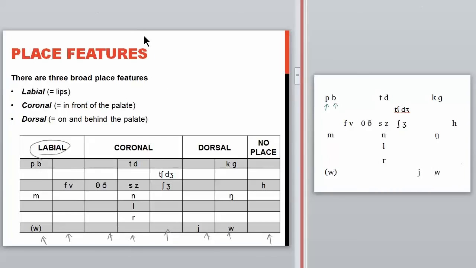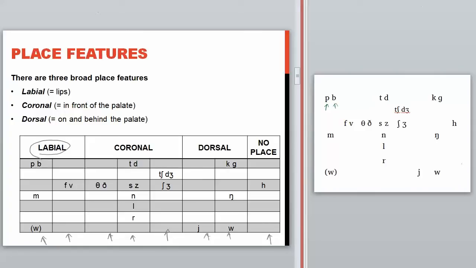Now, whenever we deal with place, we have three broad place features, and each of these carries a greater scope than the places of articulation we're normally used to. So, normally we're used to saying bilabial, labiodental, dental, alveolar, palatal-alveolar, palatal-velar, and glottal.